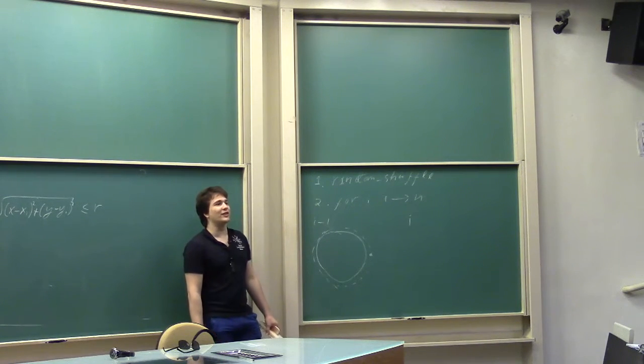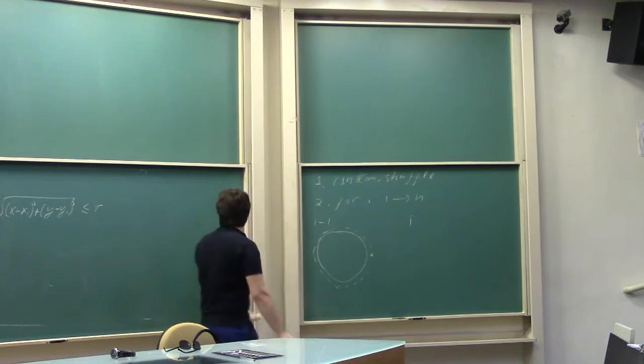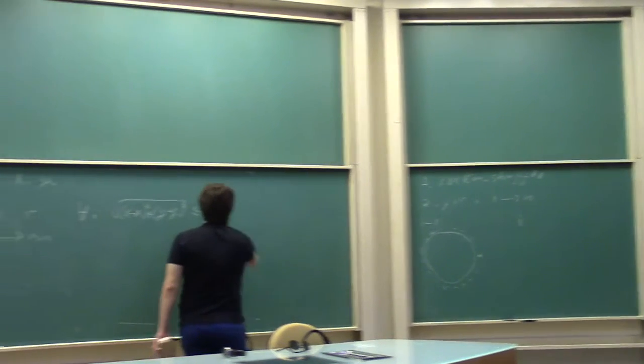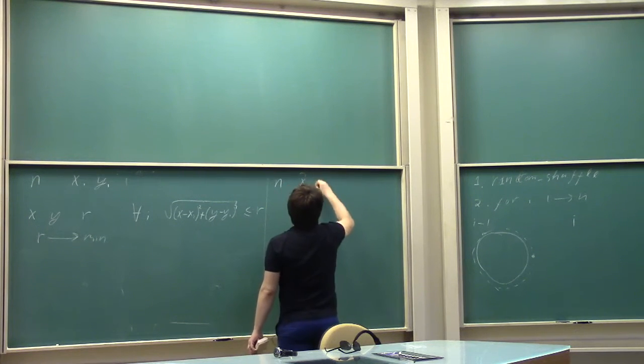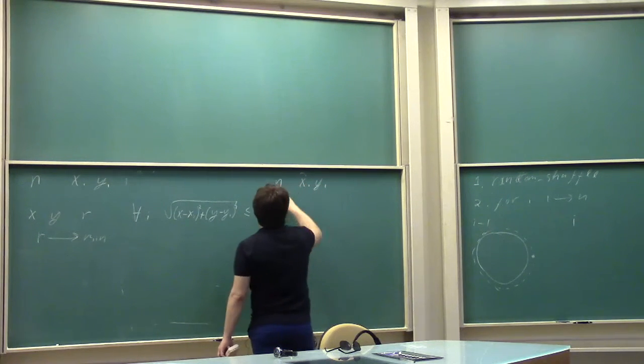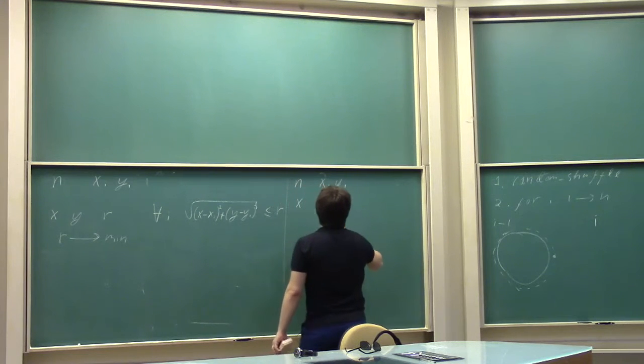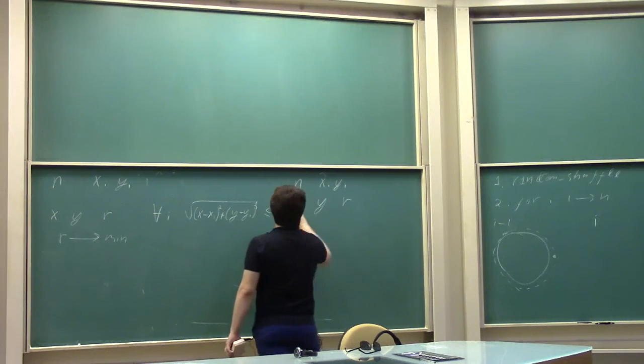And what I do is I simply solve a new problem. The new problem is: you are given points. Find a circle such that all the points lie inside.